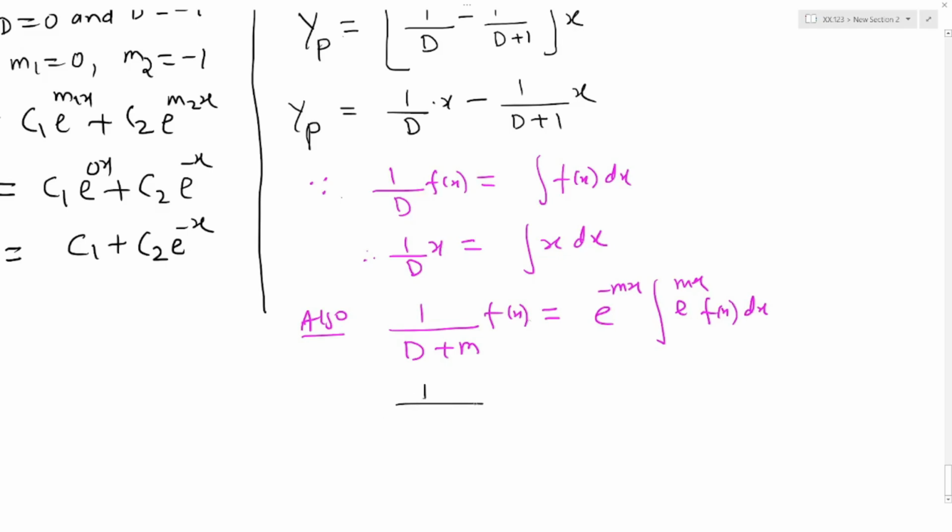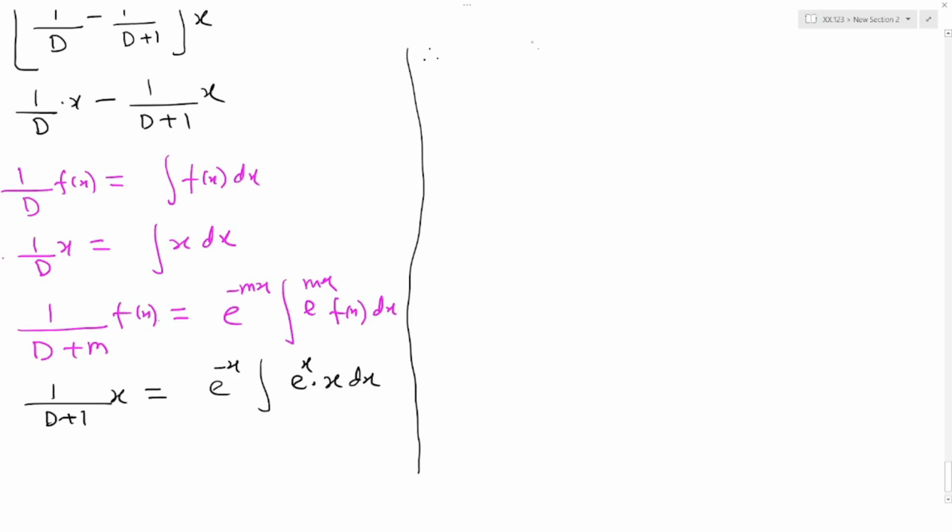Therefore 1 upon (D plus 1) into x equals e raised to minus x integration of e raised to x into x dx. Therefore yp equals integration of x dx minus e raised to minus x integration of e raised to x into x dx.